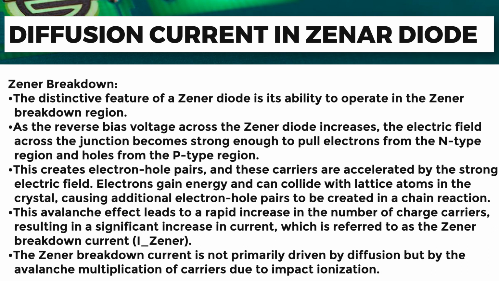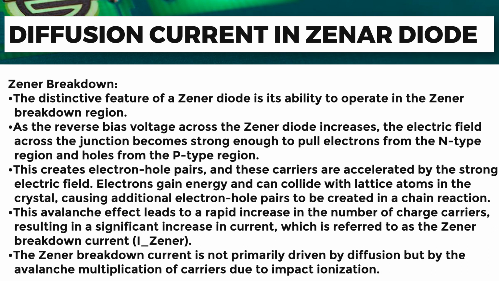Electrons gain energy and can collide with lattice atoms in the crystal, causing additional electron-hole pairs to be created in a chain reaction. This avalanche effect leads to a rapid increase in the number of charge carriers, resulting in a significant increase in current, which is referred to as the Zener breakdown current.